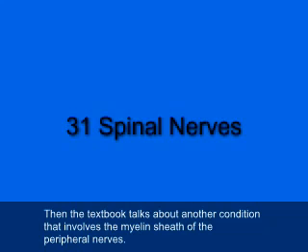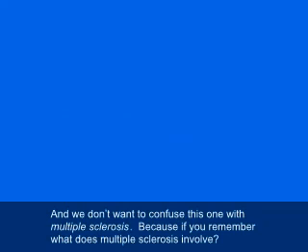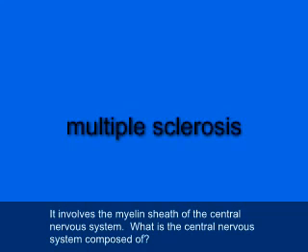Then the textbook talks about another condition that involves the myelin sheath of the peripheral nerves. And we don't want to confuse this one with multiple sclerosis. Because if you remember, what does multiple sclerosis involve? Well, it involves the myelin sheath of the central nervous system.